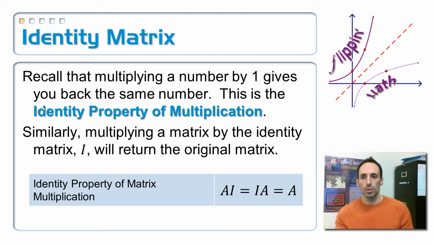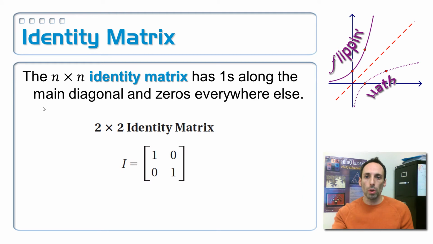Okay? So, just in general, what an identity matrix looks like, for any n by n, it's got to be a square one. It doesn't work for rectangular ones. For square ones, you have 1s along the main diagonal and 0s everywhere else. So here's the 2 by 2 identity matrix, which we've already seen before. So 1s along the main diagonal, that's what I'm calling the main diagonal, and 0s everywhere else.